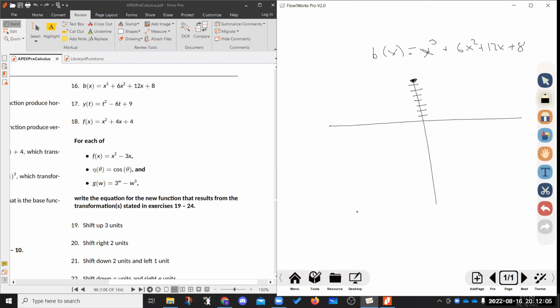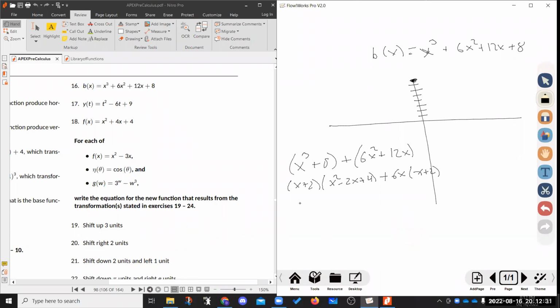I think I'm going to try something though. I'm going to try x cubed plus 8 plus 6x squared plus 12x as my grouping. This is x plus 2 times x squared minus 2x plus 4. This is 6x times x plus 2.